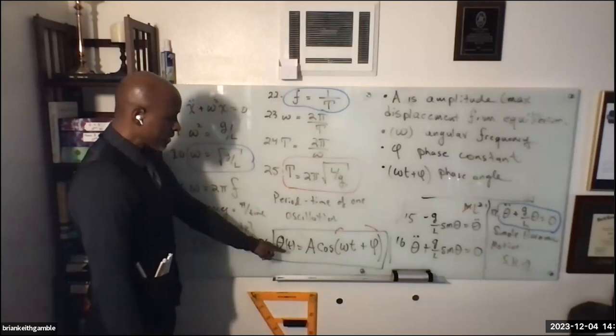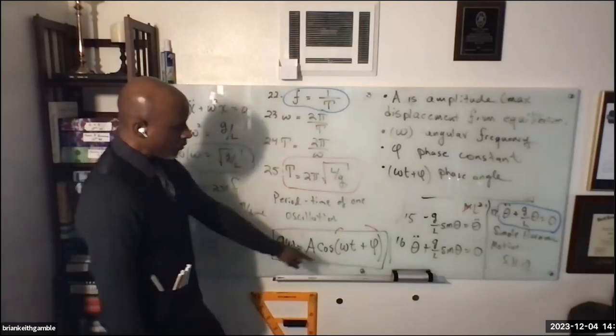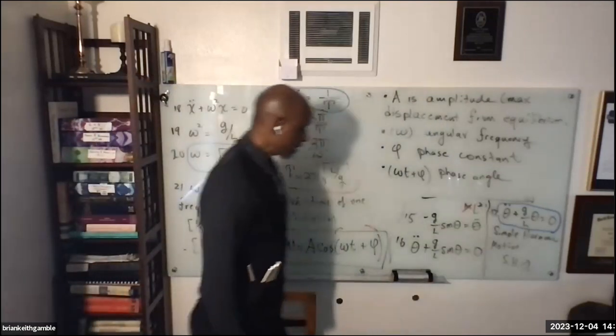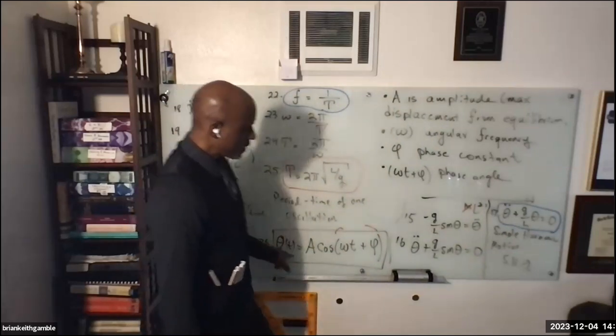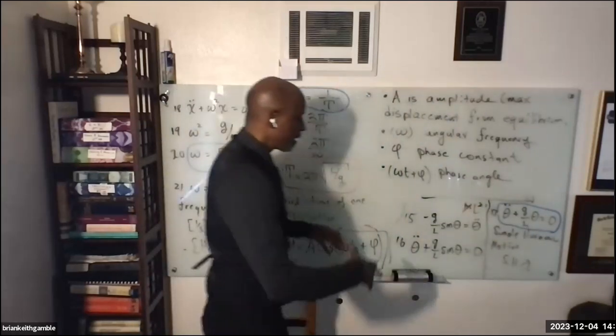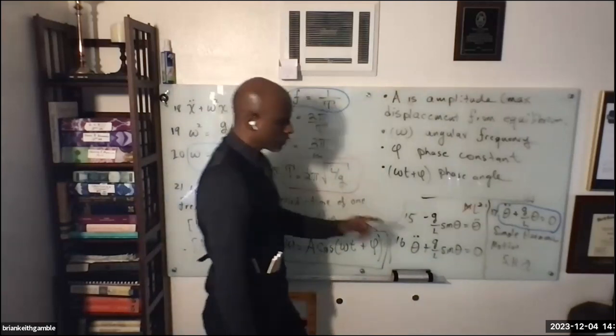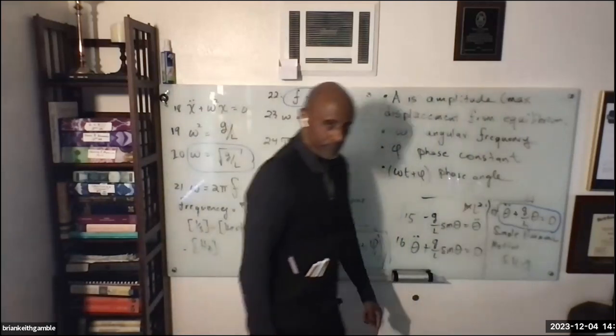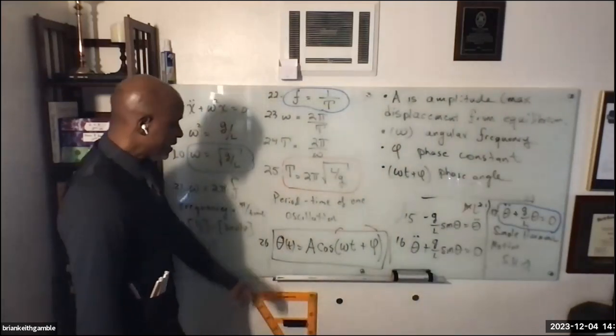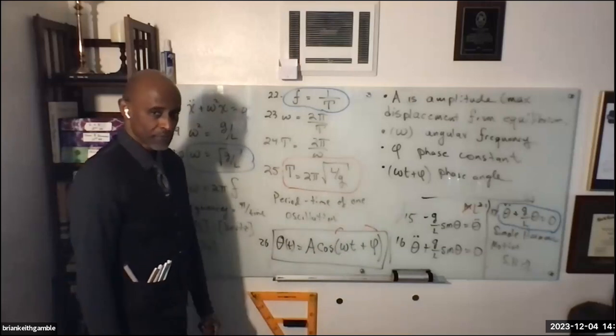In other words, take the second order derivative of this, plug it into this term, and then take the function itself, plug it into that term, and then add them together and show that it equals 0. That proves that this is a solution of that differential equation.